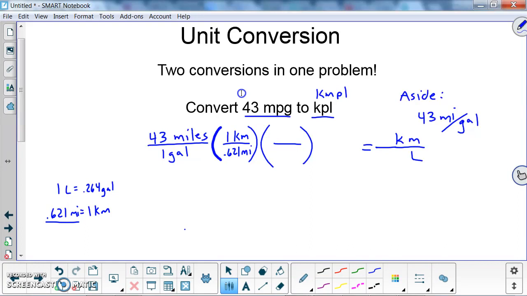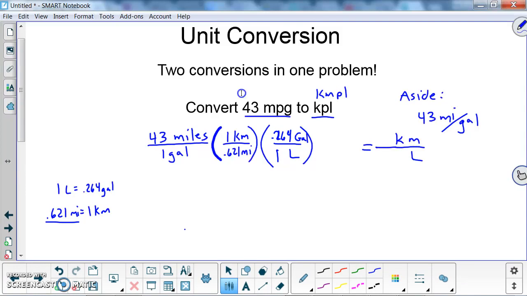This helps me to note that 43 will be divided by 0.621. I want liters in the denominator because that's where they are. So I need liters down here, and I need 0.264 gallons up here.